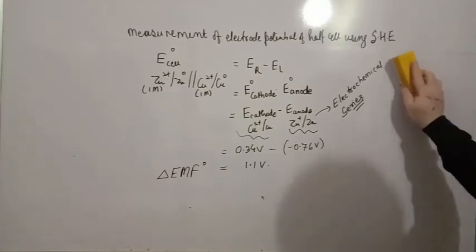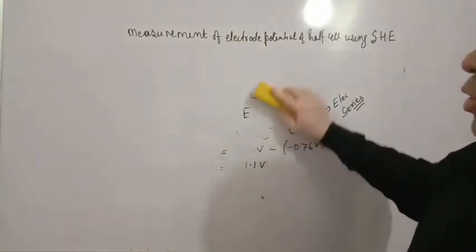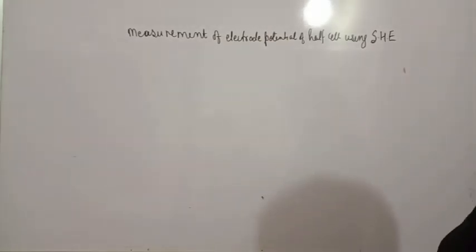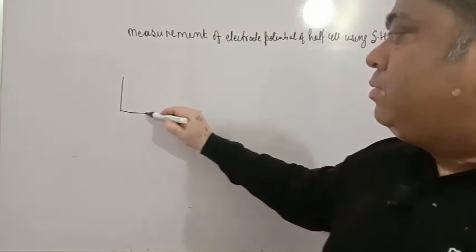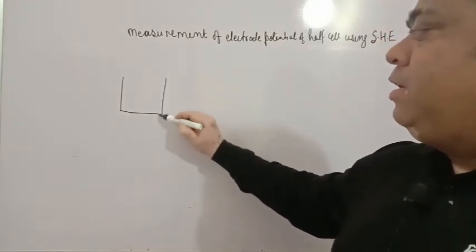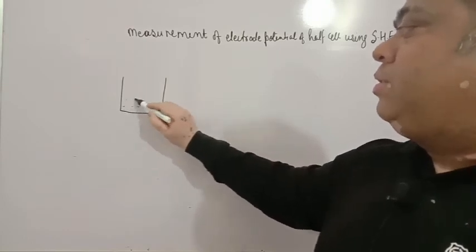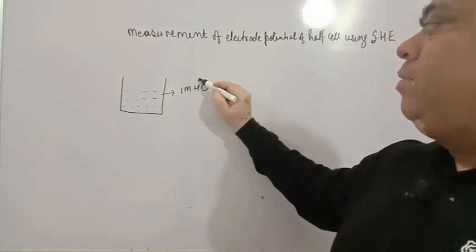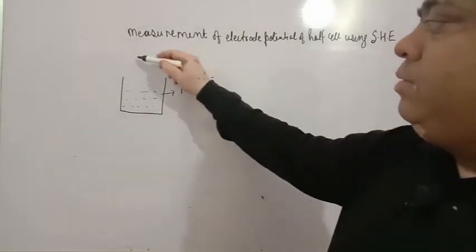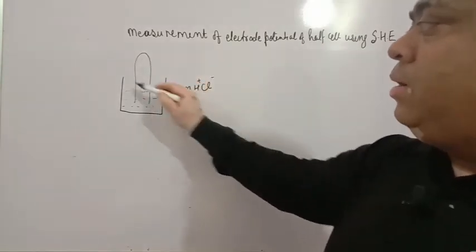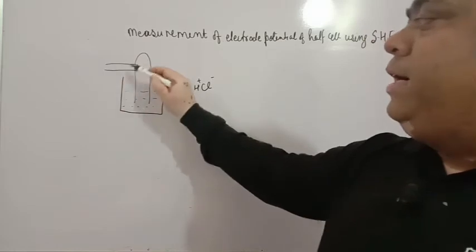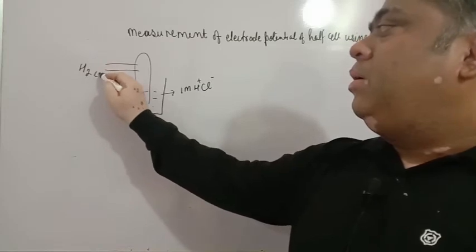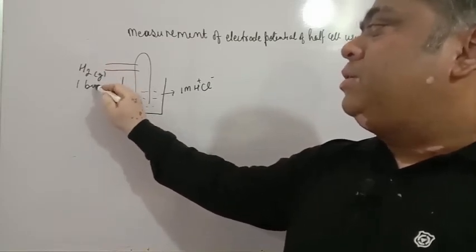The reduction potential of the standard hydrogen electrode is considered to be 0.00 volt, and it consists of a glass vessel in which 1 molar HCl is filled, and hydrogen gas is allowed to enter this solution at 1 bar pressure.